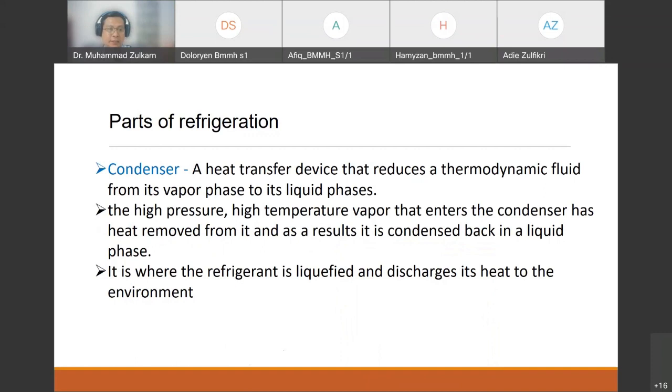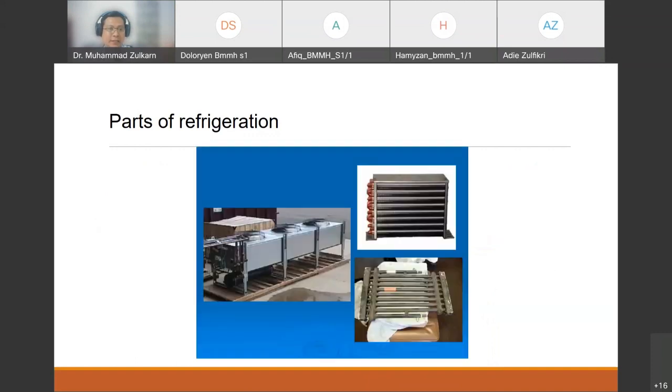Condenser, you know what the condenser is, and this part of the refrigeration is a coil. The coil will reject heat. As you can see, the shape is similar to a radiator in a vehicle. It likewise rejects the heat to the environment.